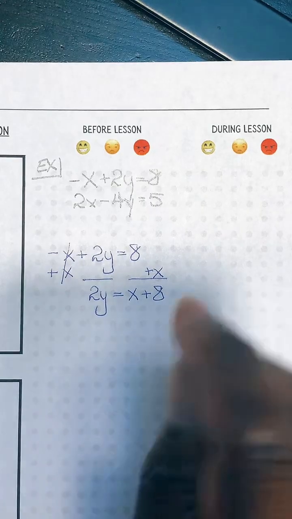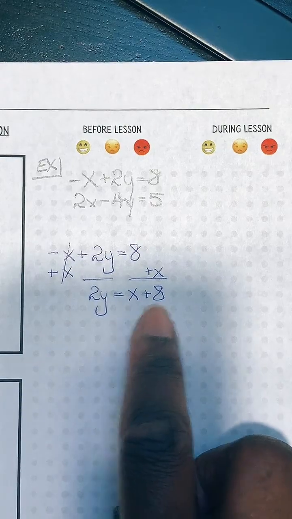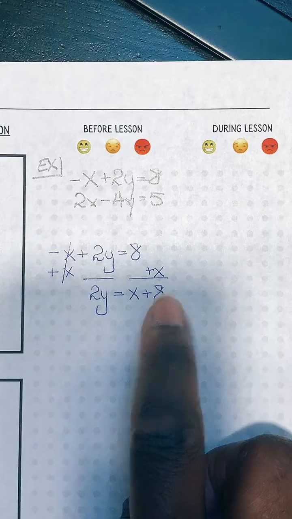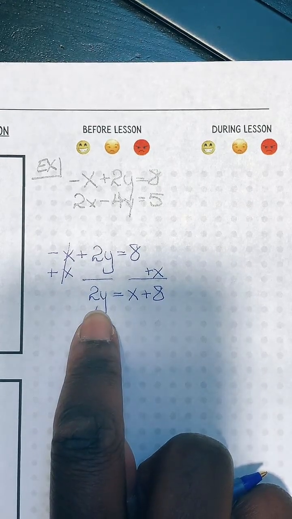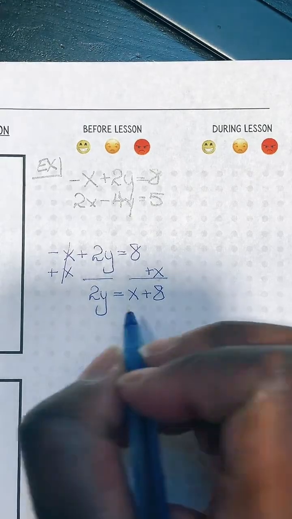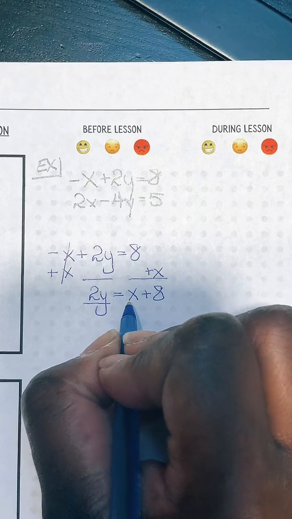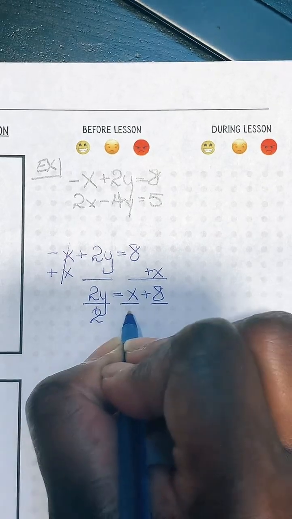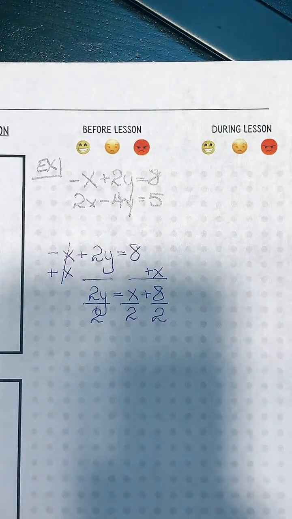And I'm trying to keep it in that slope-intercept form. If you decide to put 8 plus x, that's fine as well, as long as you know that that 8 right now is your y-intercept, until we do what's next. We divide everything by 2.